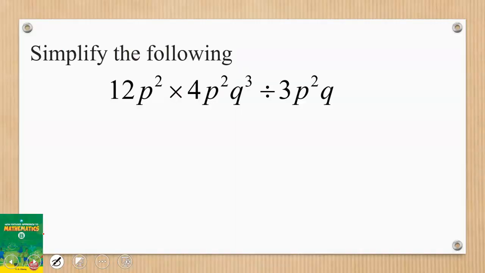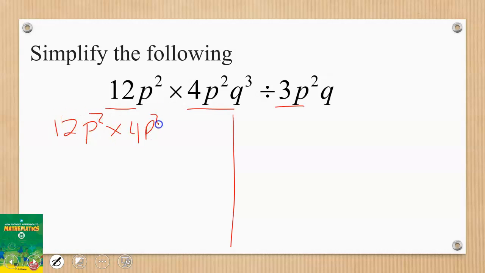We want to simplify the following. All right, so we have 12p squared times 4p squared q cubed divided by 3p squared q. To make it very simple, I can write this as 12p squared times 4p squared q cubed, all divided by 3p squared q.